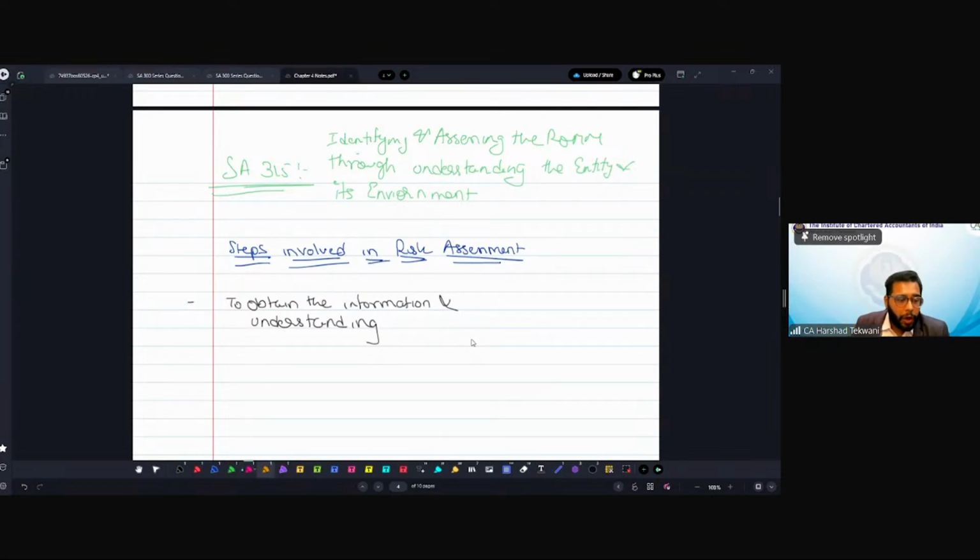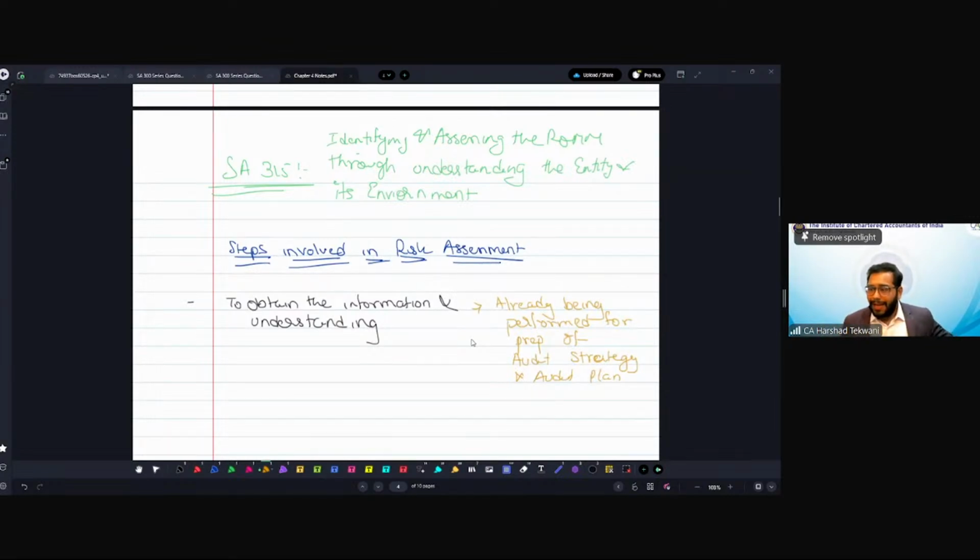So this is already being performed for preparation of the audit strategy and audit plan. You already do that at the start of the audit.